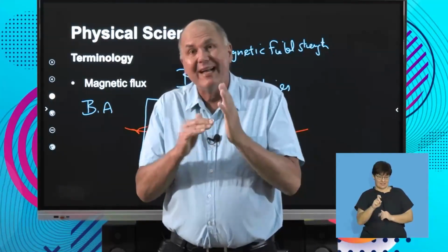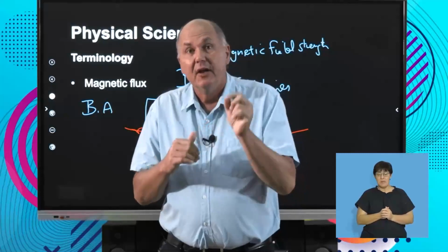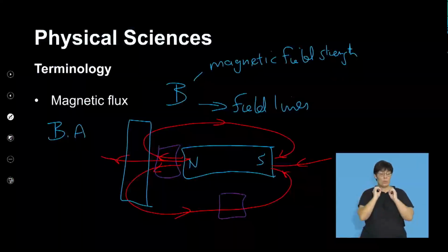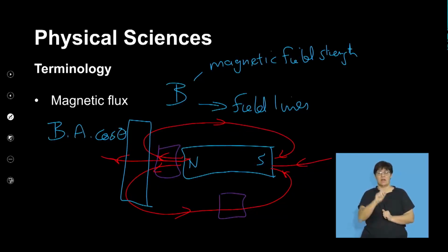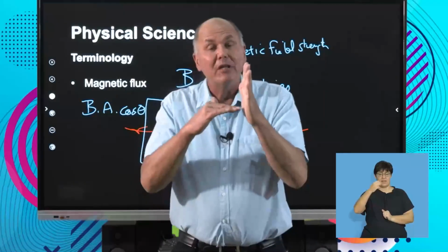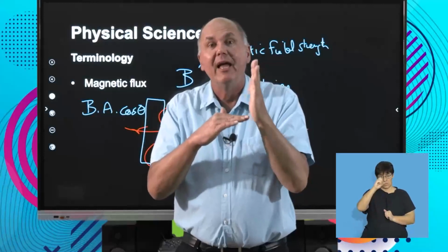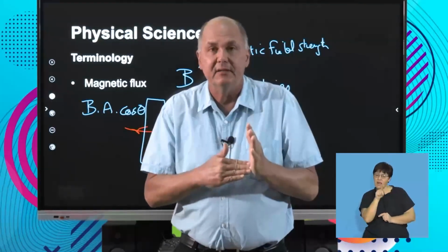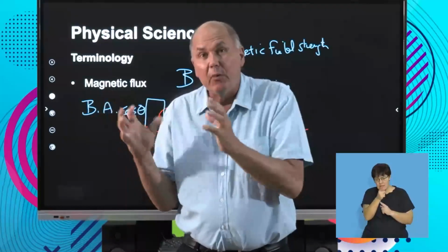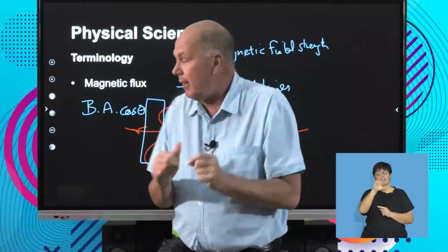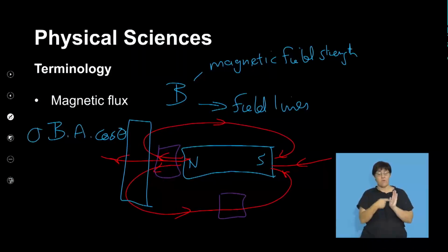If that area is not at 90 degrees, then we introduce a mathematical term, cos theta, which will help us work out the component of the area as if it was at 90 degrees. And so when we're working out magnetic flux, remember the symbol for magnetic flux is phi, and phi is equal to B times A times cos theta.